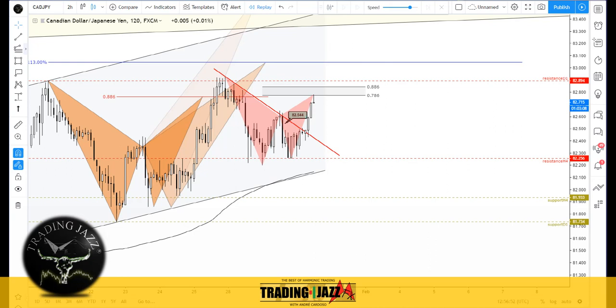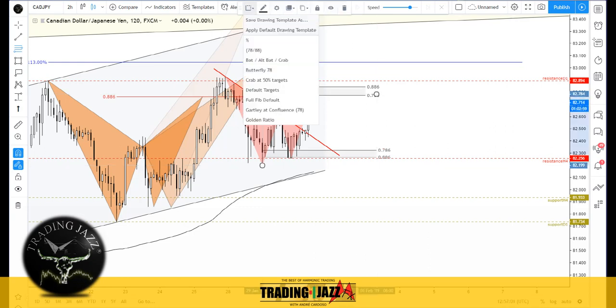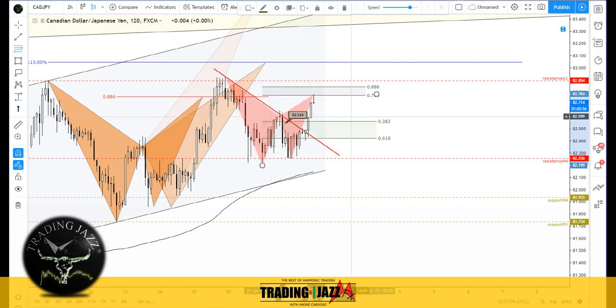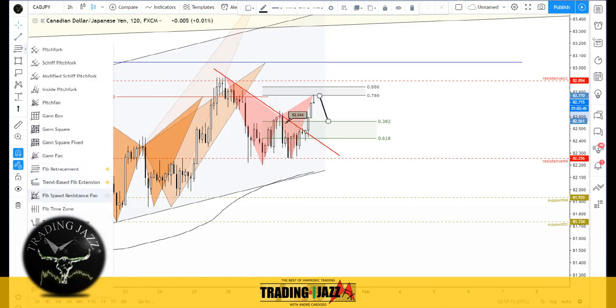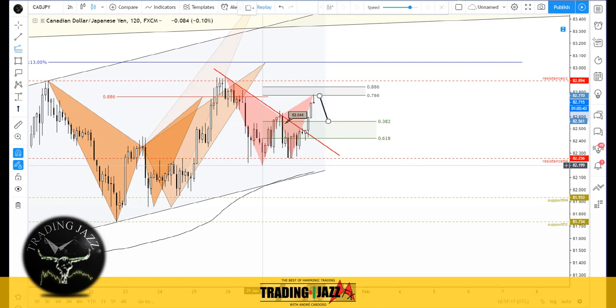We have default targets for the Gartley at or between the 38% retracement, minimum expectation, and the golden ratio at 618 retracement. So as we can see here, the market has nailed the 78% retracement at confluence with the Fibonacci that I showed you before, the 127 extension from this swing low to this most recent resistance projected above.